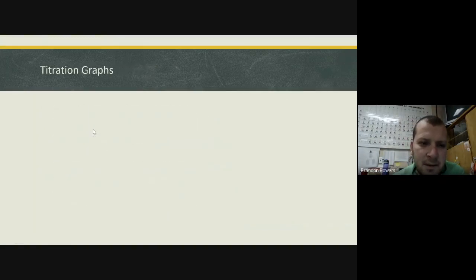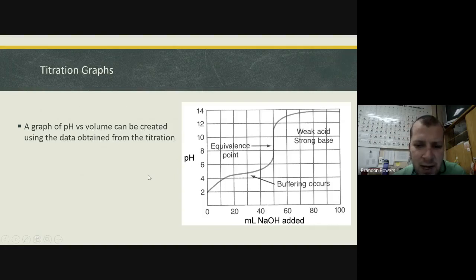And this is what a graph looks like. A graph of pH versus volume can be created using the data of a titration. Looking at this, you titrate, and then eventually it's going to turn into a base.